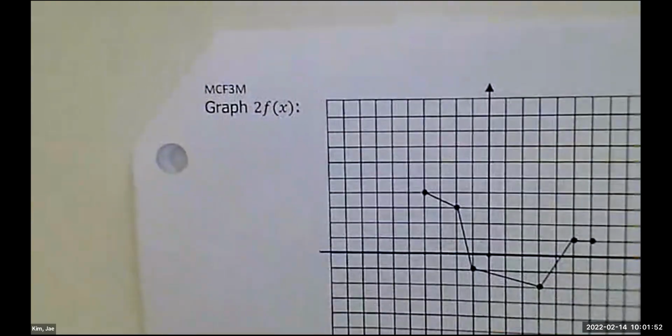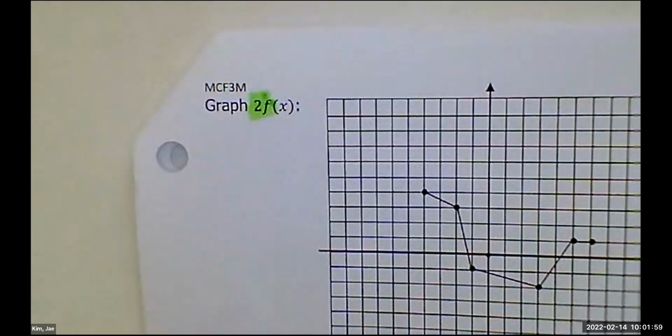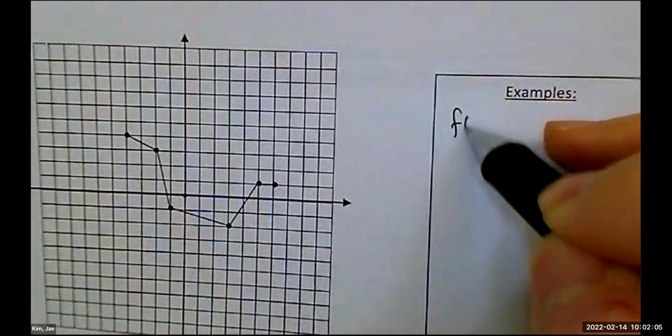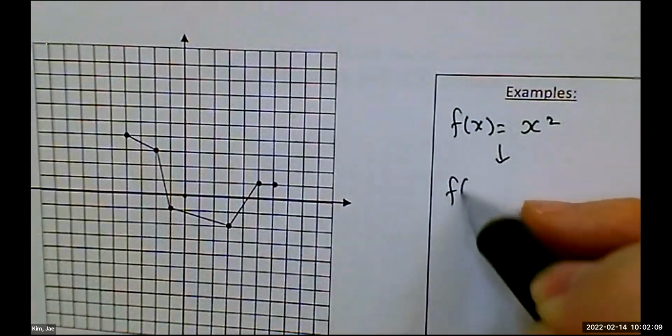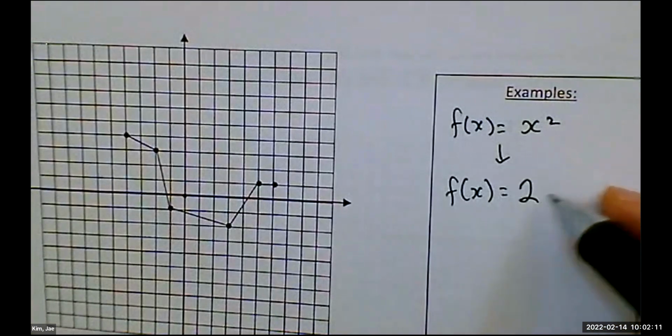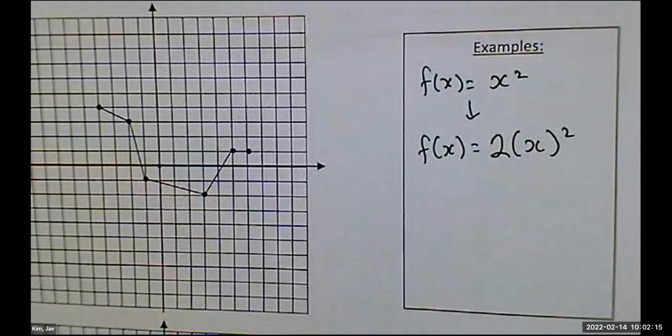The very last transformation involves a number that could be multiplying the entire function. Let's start with the examples. What would that look like? If my function was x squared, then you might have seen functions that have a number multiplying in front of it.